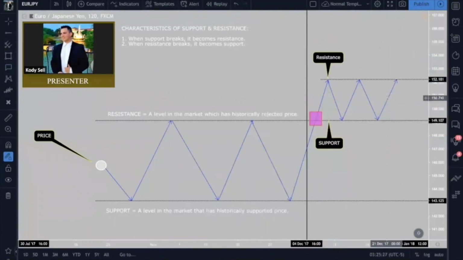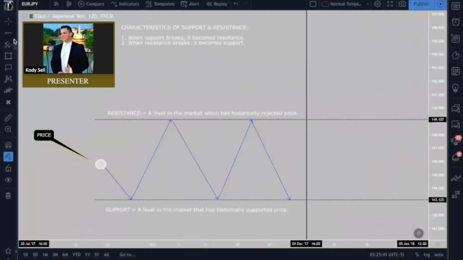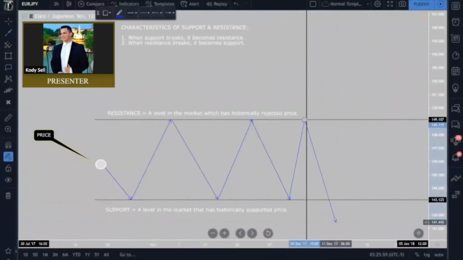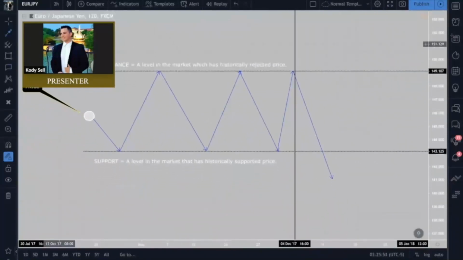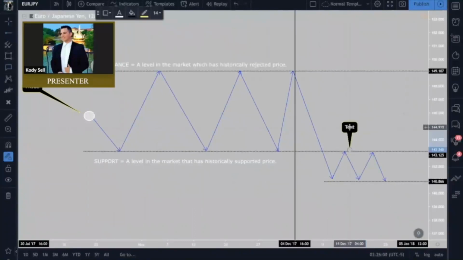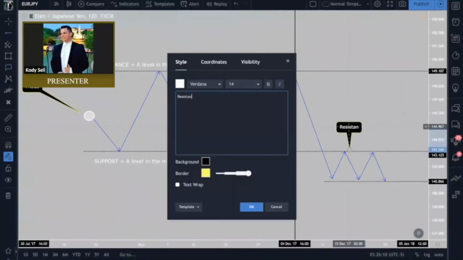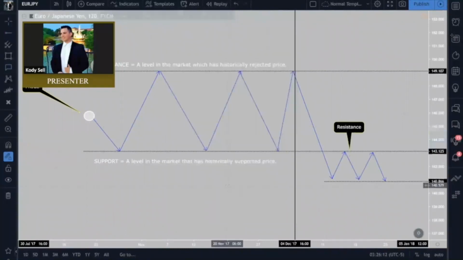So let's go back. Now similarly, when price breaches a support and is now beneath the support, that support is now going to act as resistance. So we will end up forming a new support, and our old support will now actually become our resistance.